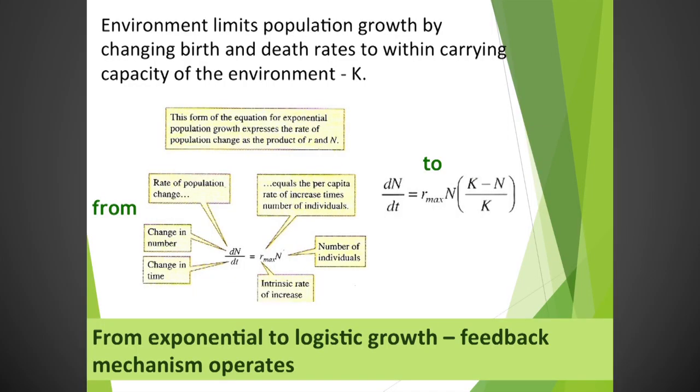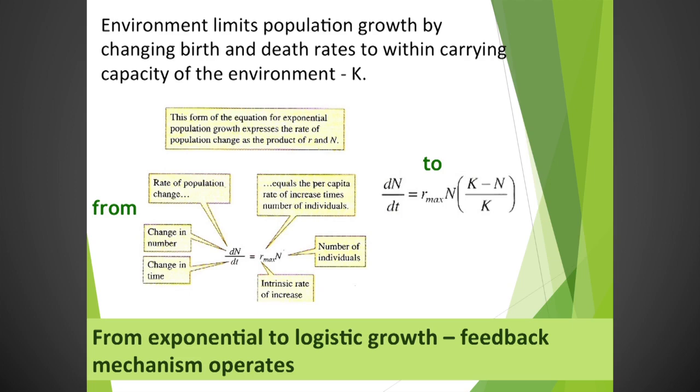However, we have to realize that there are environmental limits to population growth. Changing birth and death rates within the carrying capacity of the environment. We represent carrying capacity as K. So from the original formula, the r max multiplied by N, which is the number of individuals, is now changed to include the effect of carrying capacity, which is K minus N over K. That is what we term logistic growth.